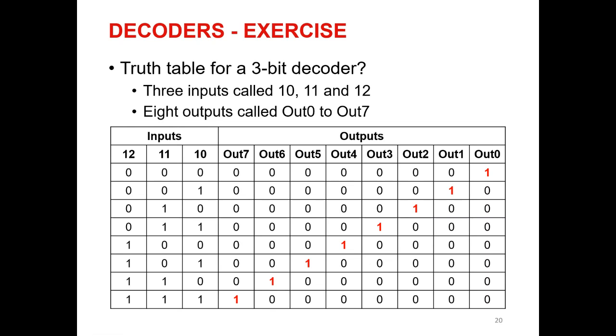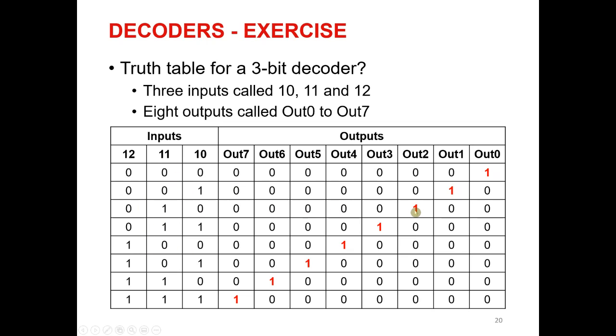So depending on the inputs of the 3-bit decoder, we will have this output, and only one output will be 1. As I was mentioning, if the inputs are 0, 0, 0, the output will be 1 for output 0 and 0 for the rest of outputs. Similarly, if I have input 0, 0, 1, only output 1 will be 1 and the rest will be 0. So these inputs only select one output.